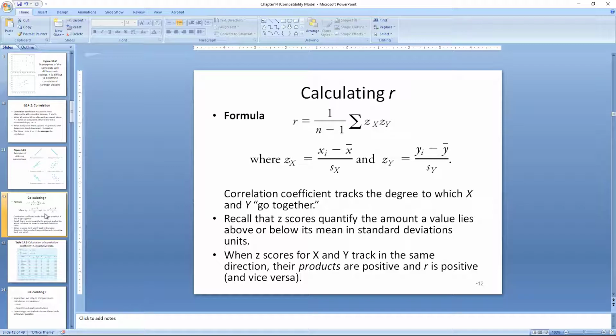Remember, a z-score quantifies the amount a value lies above or below its mean in standard deviation units. When z-scores for x and y track in the same direction, their products are positive, and r is positive, and vice versa. If they go in opposite directions, then there's a negative correlation.